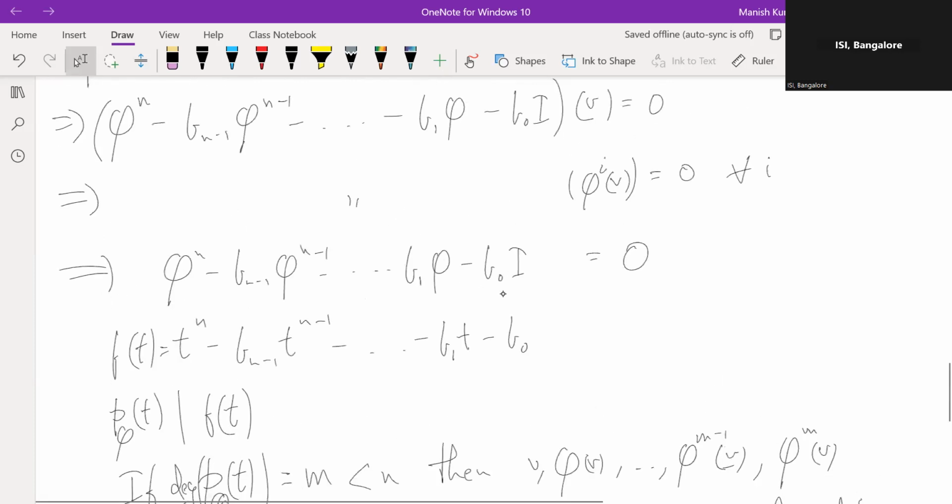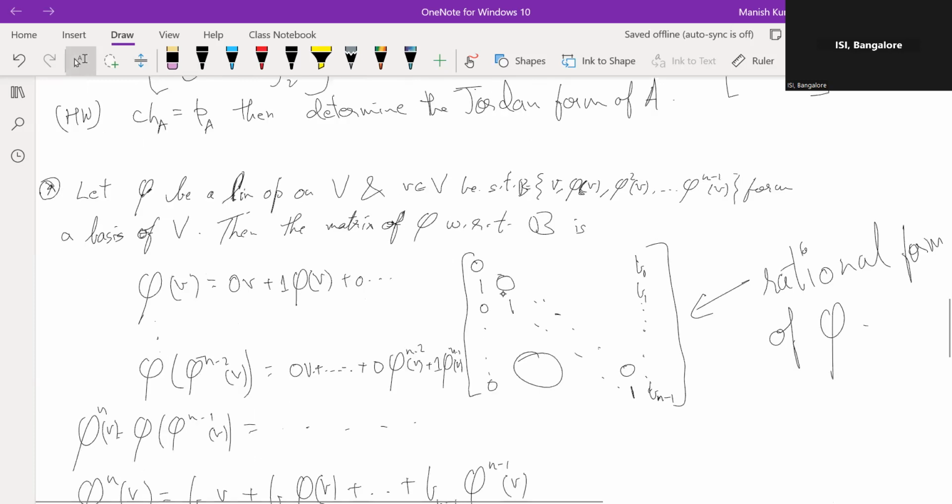So let's not worry about it. But when the characteristic polynomial and the minimal polynomial are the same, then you can find such a v such that these are linearly independent, and then you can compute the rational form of the matrix.